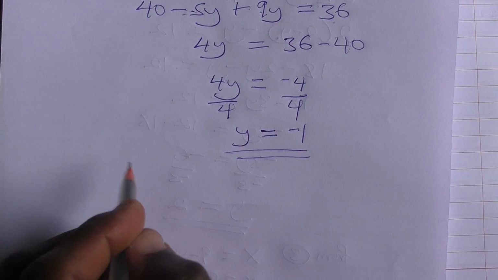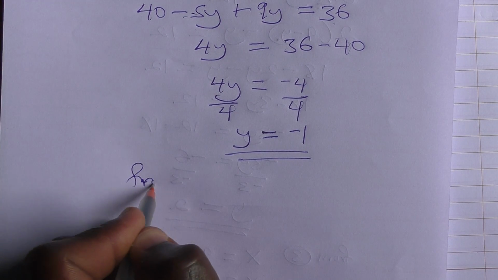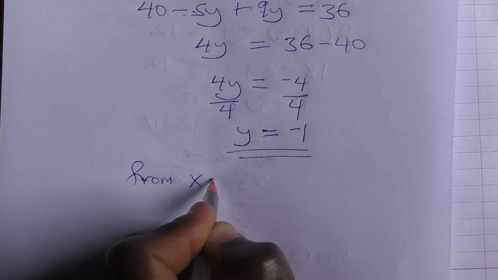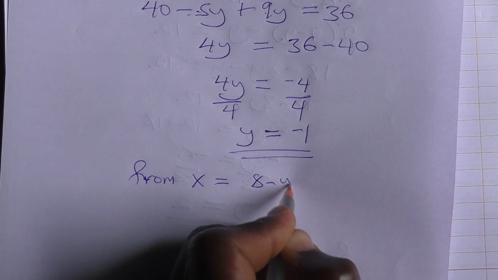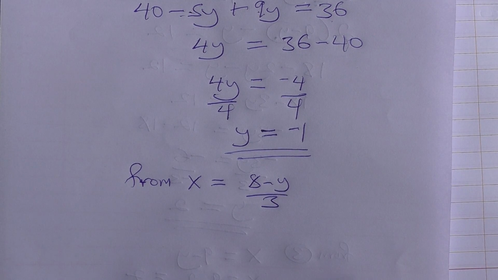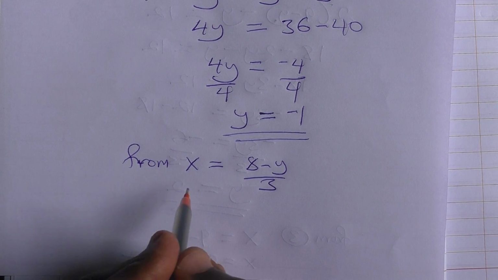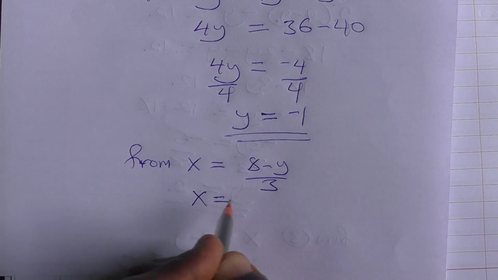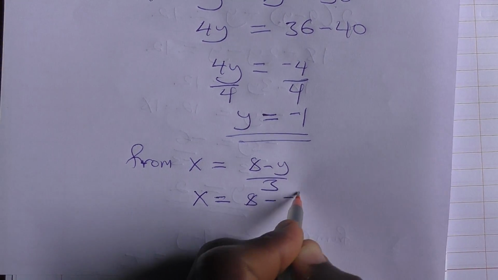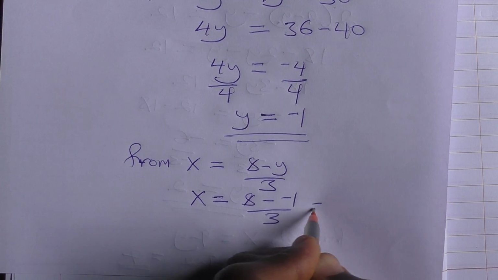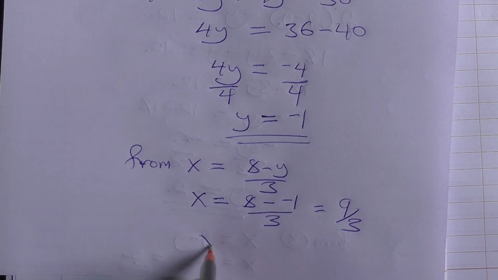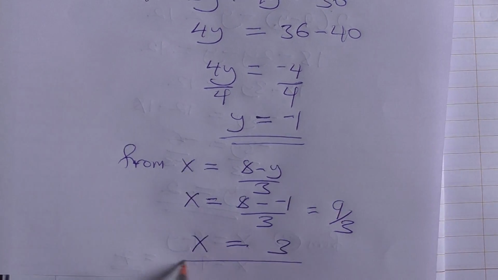So we shall say from x equals 8 minus y over 3, we substitute for y, hence giving us 8 minus negative 1 over 3, which is 9 over 3, giving us x as 3.